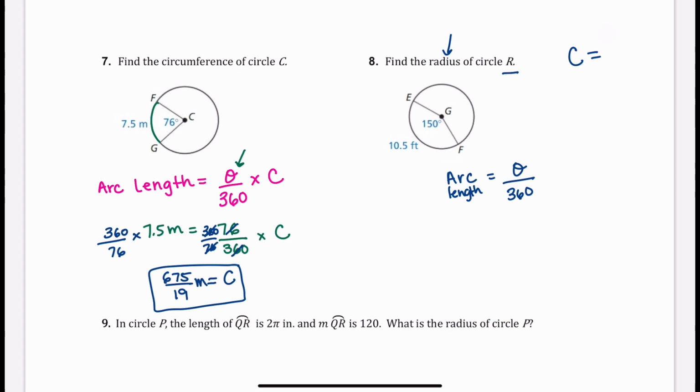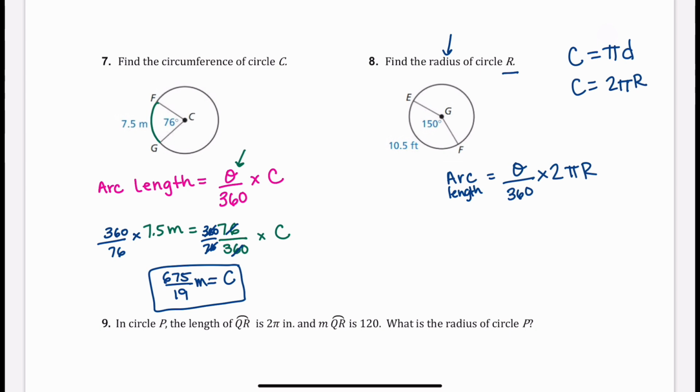Our circumference is equal to pi times my diameter, but the diameter is equal to 2 times the radius. And since I'm looking for the radius, I will multiply by 2 pi r so I can find out what the radius is.